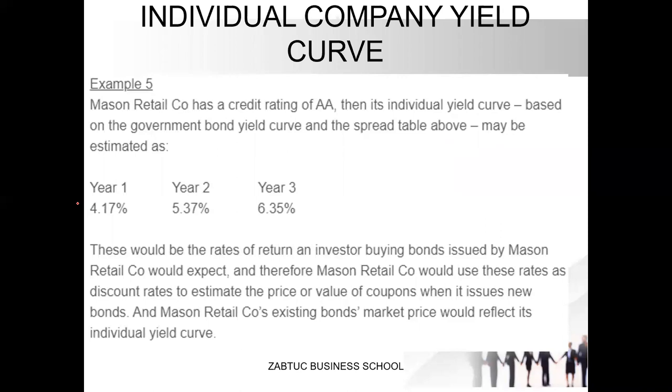So for Mason, what we do, we just pick the 3.88, 4.96, and 5.80. And then we add accordingly the spreads that are associated.